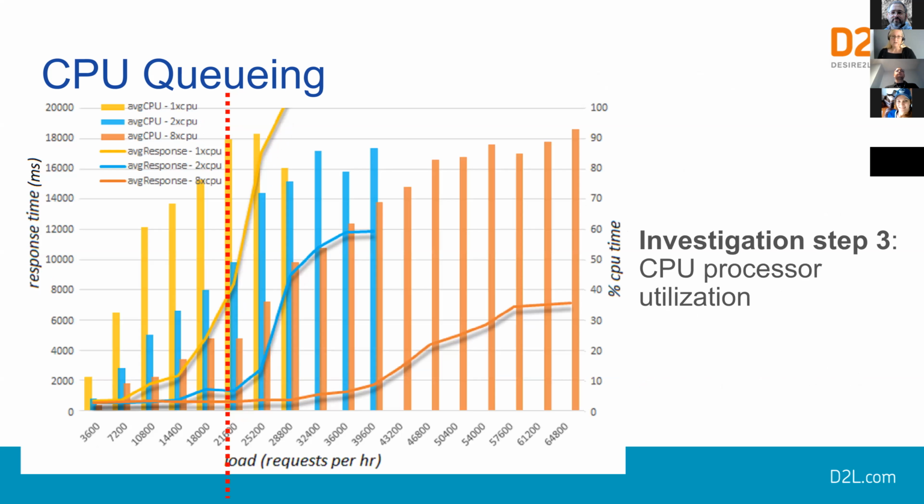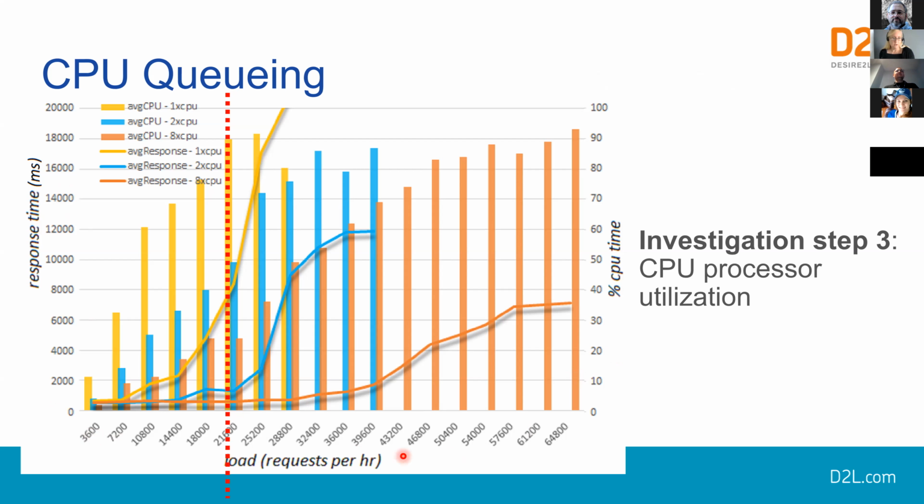So let's try to visualize that relationship between response time and CPU count. And I'll start by apologizing for how busy this graph is. I know there's a lot going on here. So the base components are the same as for the previous graph. We have increasing response time along the y-axis. We have increasing load along the x-axis.